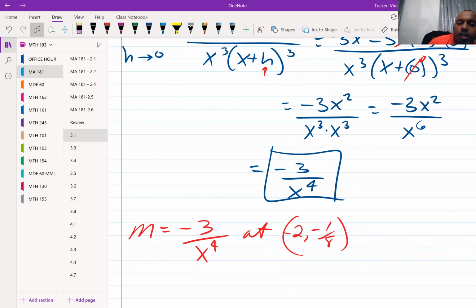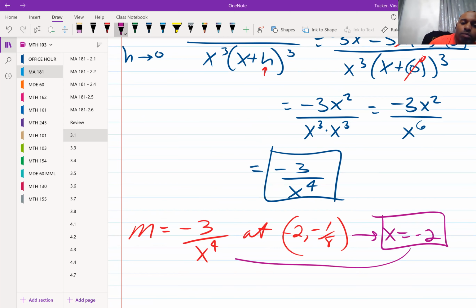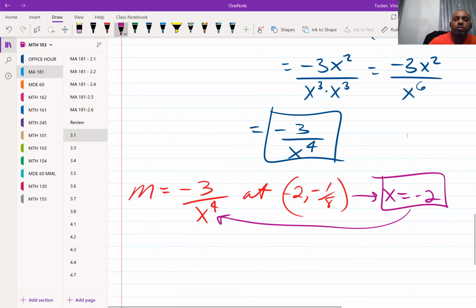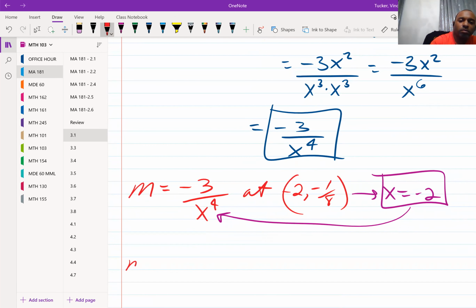Evaluating at -2, that means x is going to be -2, and we plug in here. So -2 to the 4th power would be 16. So that's -3/16.